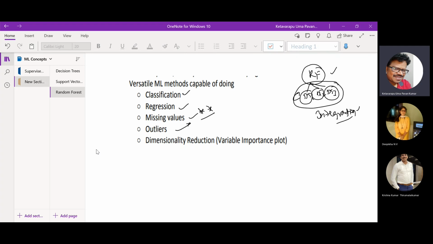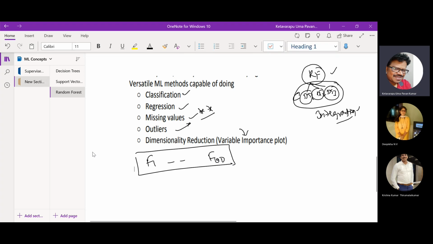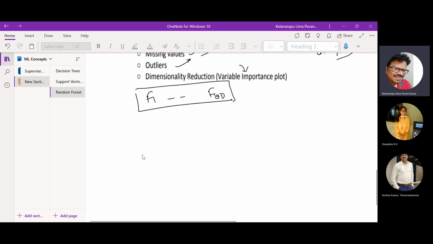And apart from that, we have dimensionality reduction. The most important thing is, suppose I have feature 1 to feature 100 in my data set. Generally data sets are not in a neat format, and they come in different shapes.